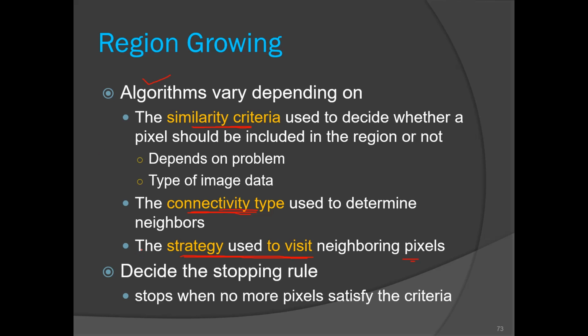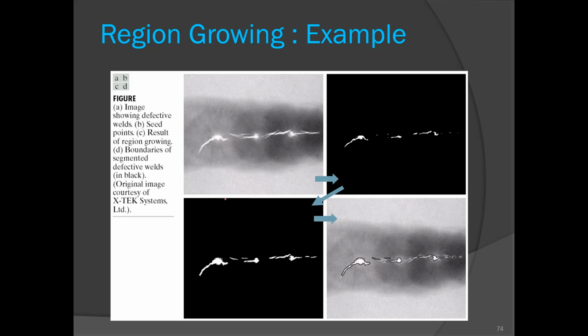The next thing we have to decide is the stopping rule, when to stop. Generally we stop when no more pixels satisfy the criteria. So this is one example. This is an image of welding, showing defective welds.